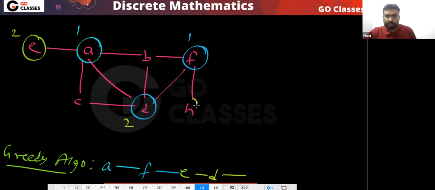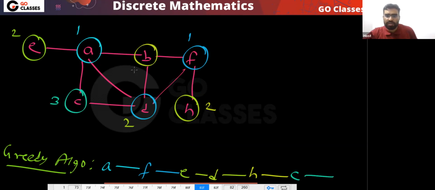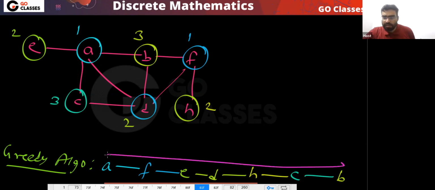For this, what is the minimum color available? That is 2. Next, for this vertex, that is 3. And then for this vertex, that is 3.